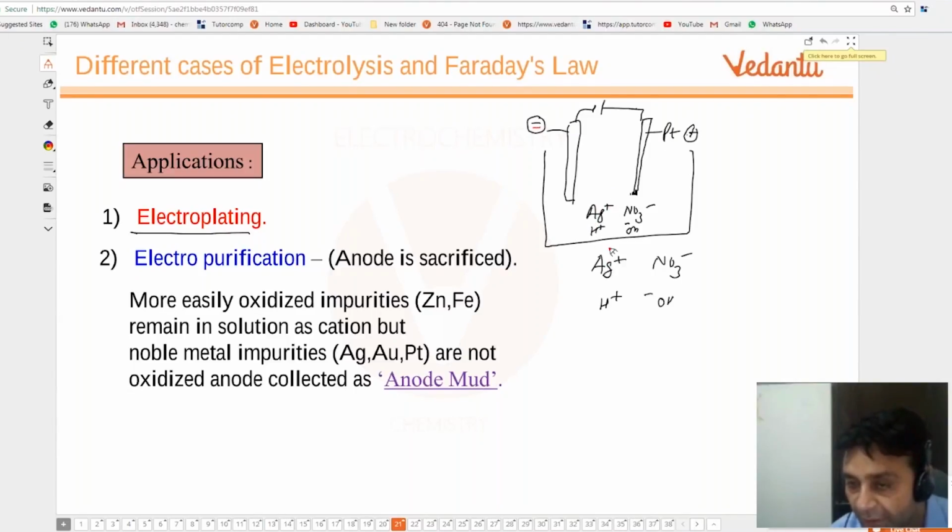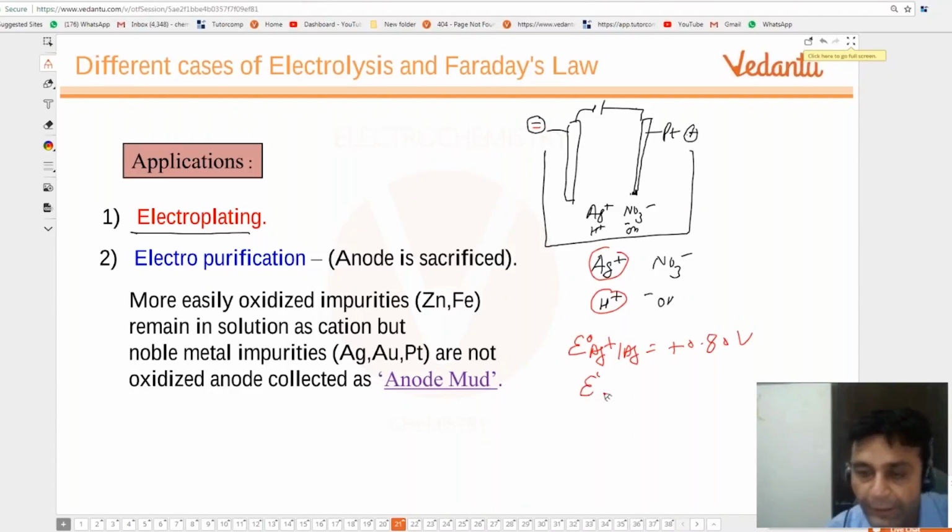So out of the silver ion and the H positive ion, which will be reduced? Can you tell me? And I will discuss galvanization later on. See, the reduction potential of silver from the electrochemical series is 0.80 volt, and the reduction potential of hydrogen is 0 volt. Now you tell me which will be getting reduced?